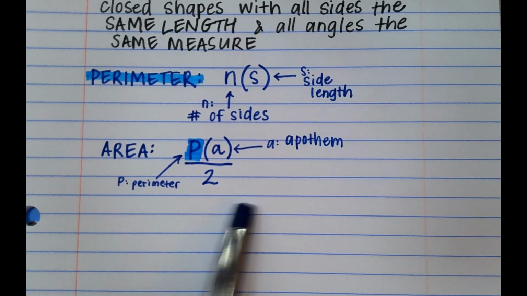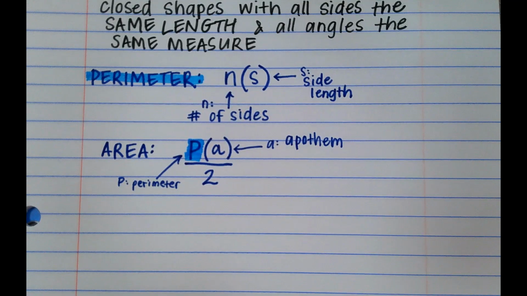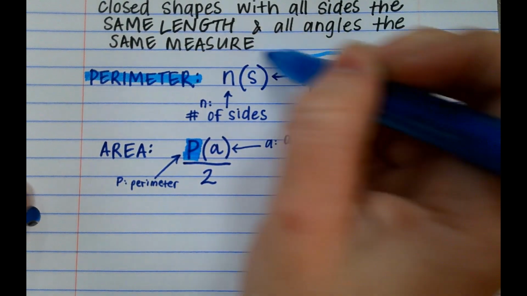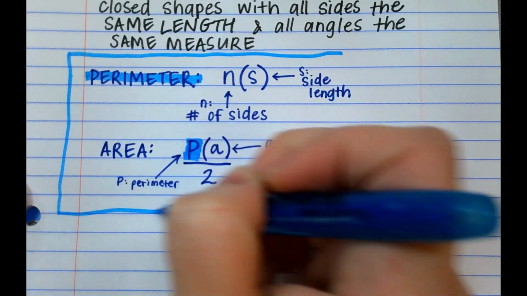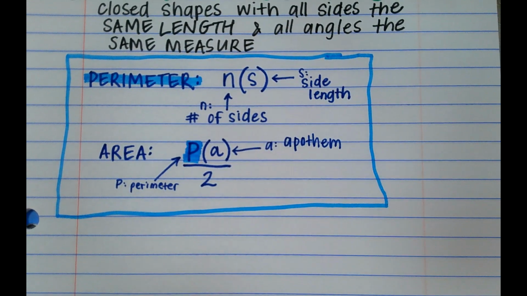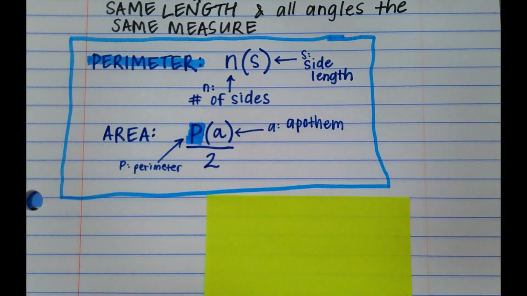And then divided by 2 is just the number 2. So I would do something in your notes so that you don't lose the formulas. They're important. Maybe make a tab in your notebook if you like to do that.